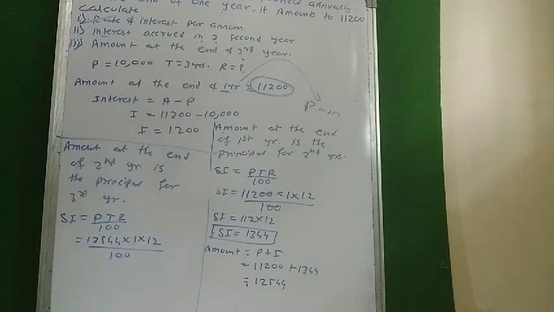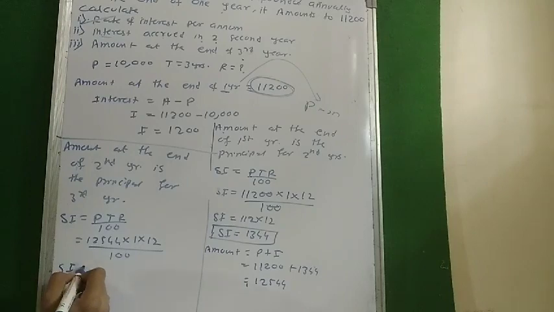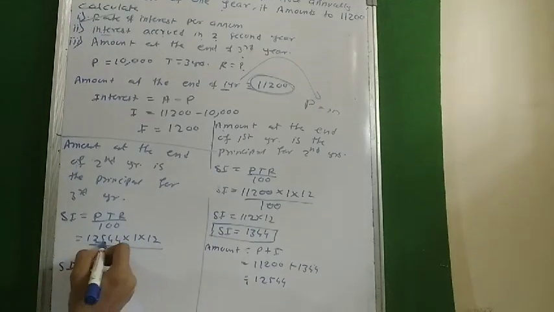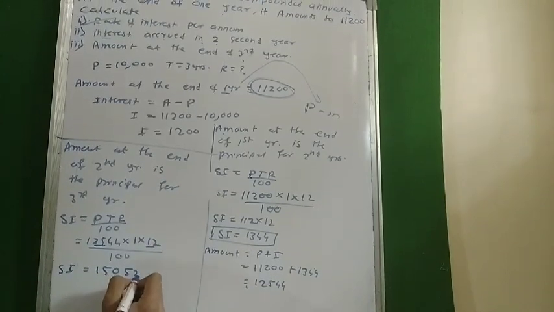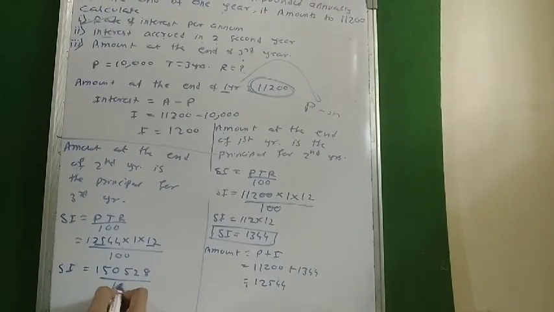We can't see any 0 to be cancelled over here. So 12,544 when multiplied by 12, this is the amount at the end of second year, 12 upon 100. We will have simple interest is equal to, see, after multiplying this and this, I will have 1,50,528, divided by 100.